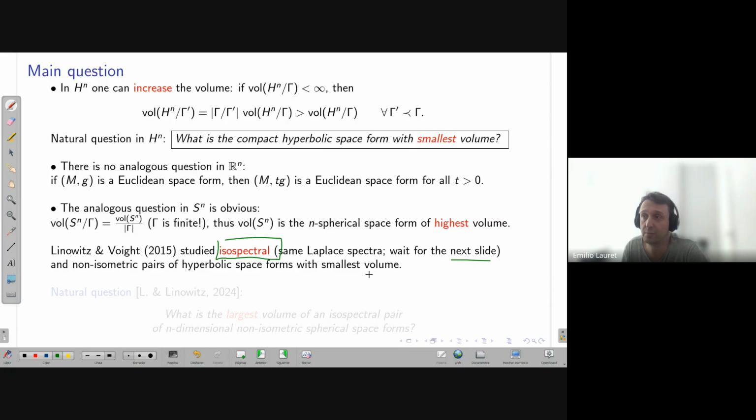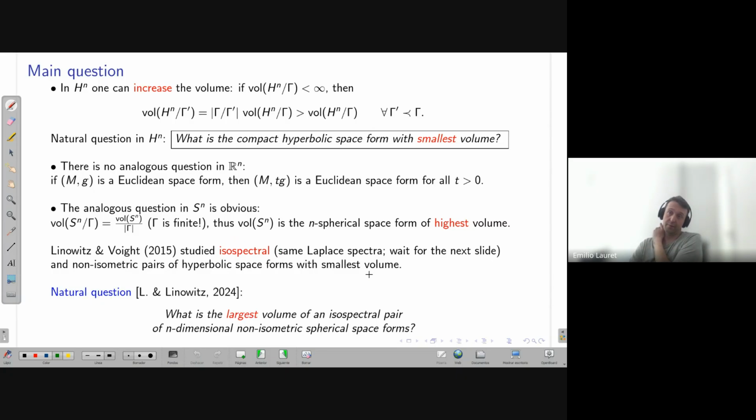So the natural analogy in the spherical case is to look for isospectral pairs of spherical space forms having the highest volumes possible. Of course, we assume non-isometric in order that this makes sense.